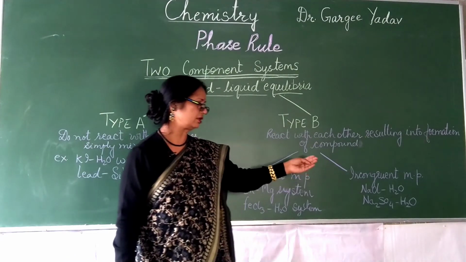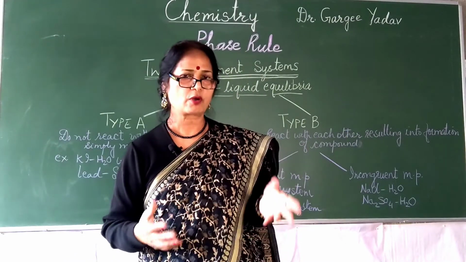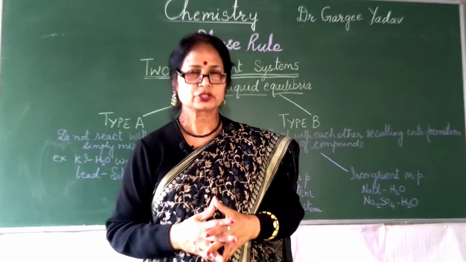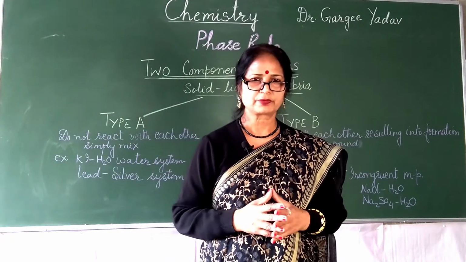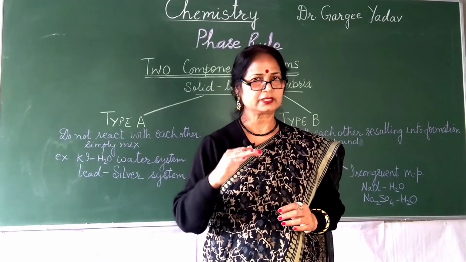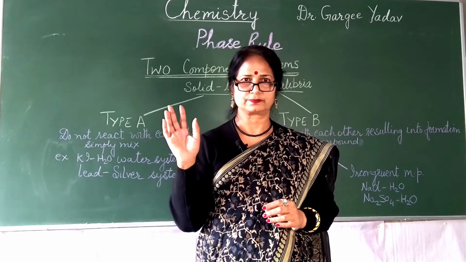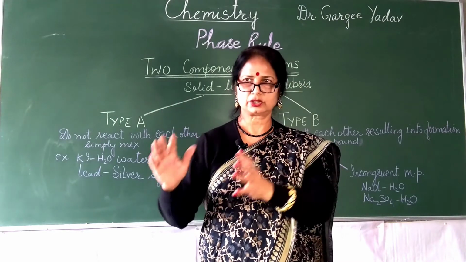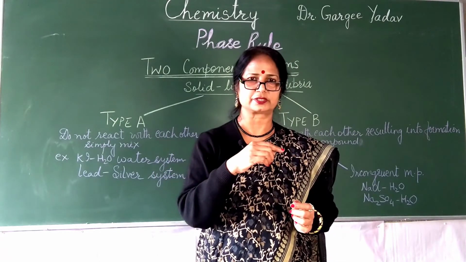Now come to the incongruent melting point, meaning the systems that result in the formation of a compound with an incongruent melting point. In this type, the compound formed does not remain stable up to its melting point, and when it is heated, it decomposes before its melting point to give a new solid phase and a solution which has a composition different from that of the solid phase.